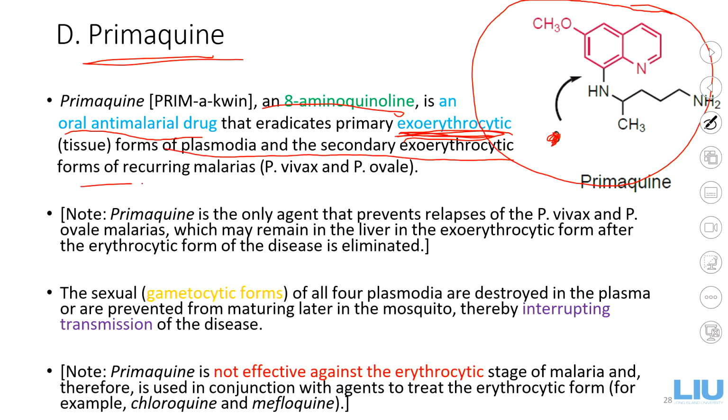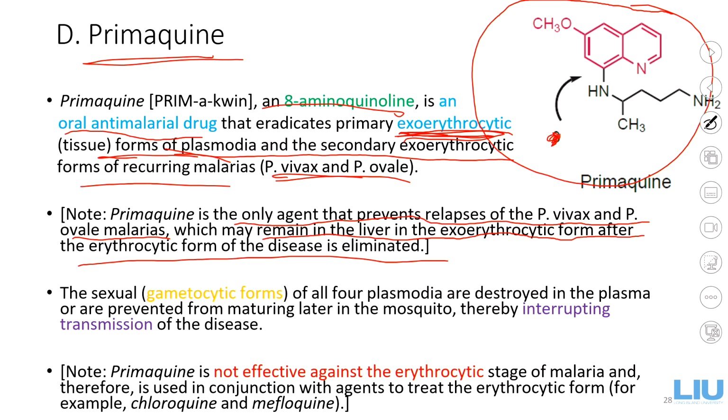Secondary erythrocyte forms. Okay, so of course there are different forms of Plasmodium. It's the only agent that prevents relapses in P. vivax and P. ovale malariae, which may remain in the liver in the exoerythrocytic form after the erythrocytic form is eliminated.